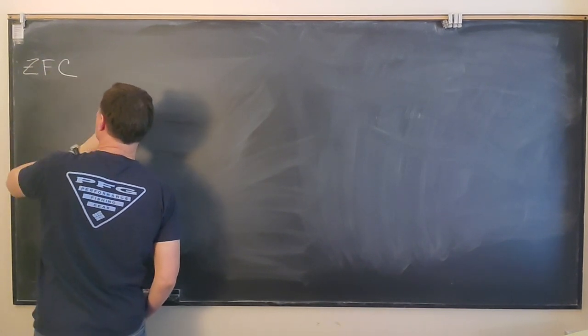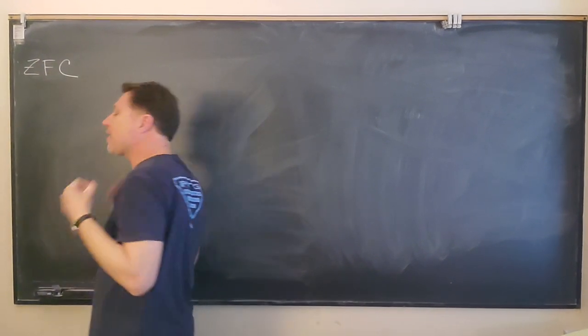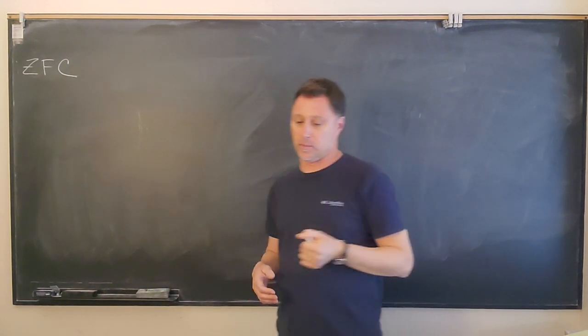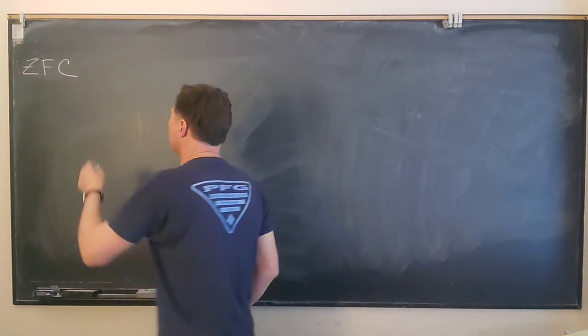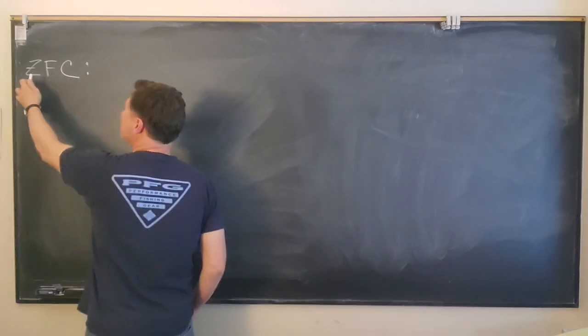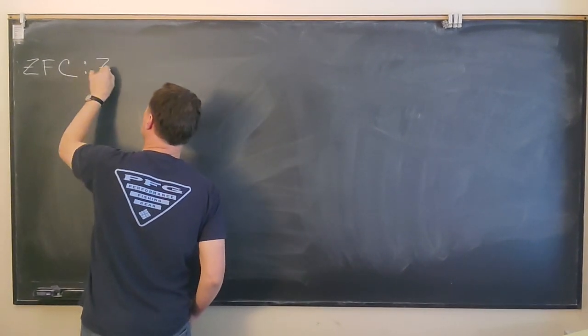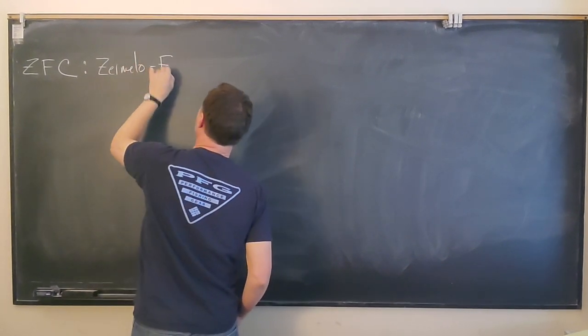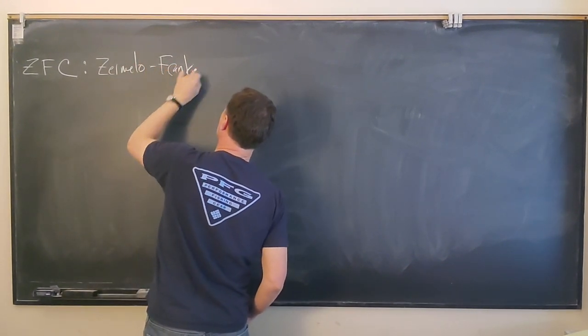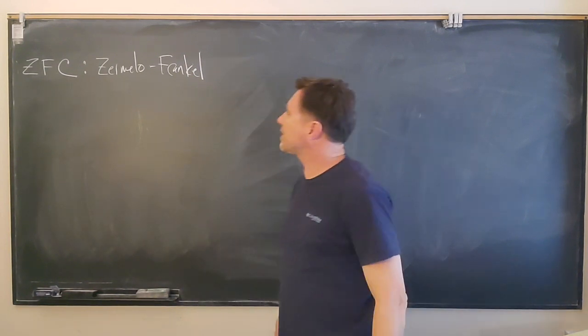You may have heard this. The math that we do is governed by axioms, right? And they're called the Zermelo-Fraenkel axioms. So ZF stands for Zermelo-Fraenkel. And these are the axioms that govern set theory.